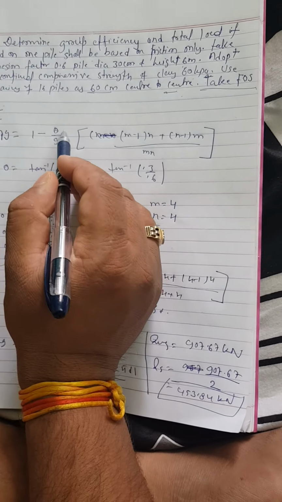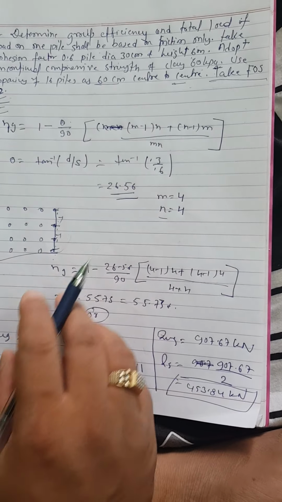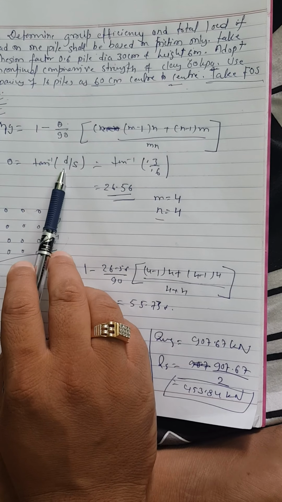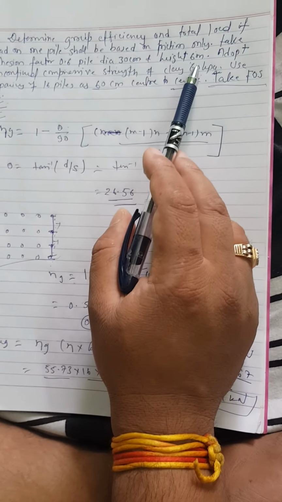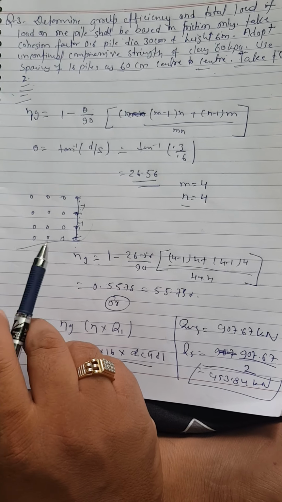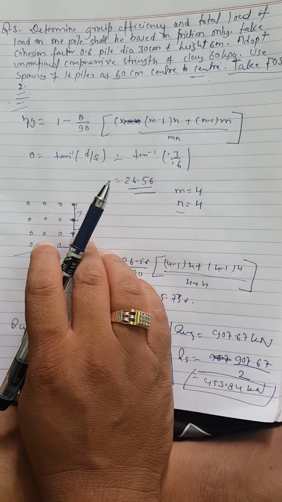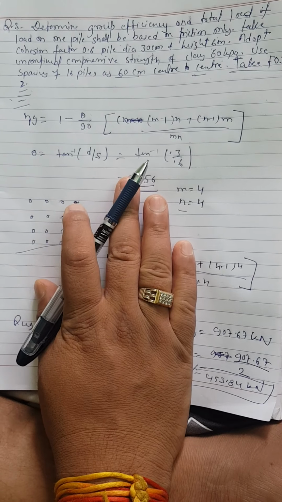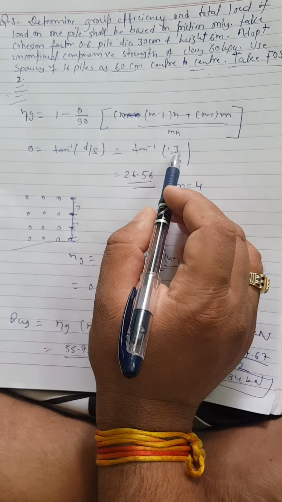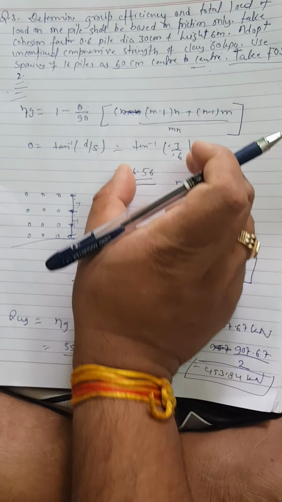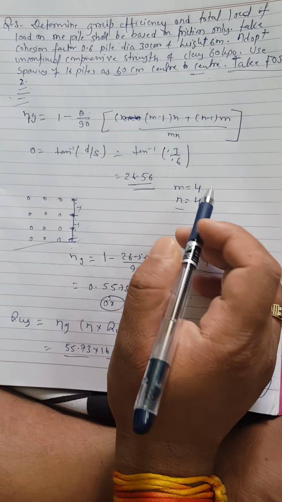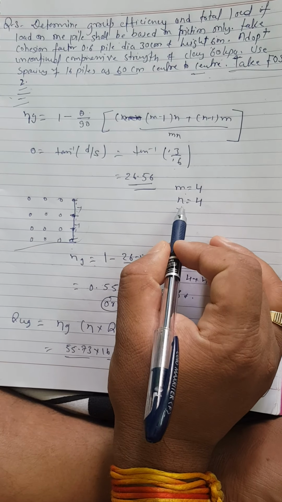Here we know that theta is equal to tan inverse of the diameter of the pile, which is 30 centimeter, upon the spacing. By converting both values in meter, we will find tan inverse of 0.3 upon 0.6. By putting this value, we will find the value of theta. We find the value of m, we find the value of n.